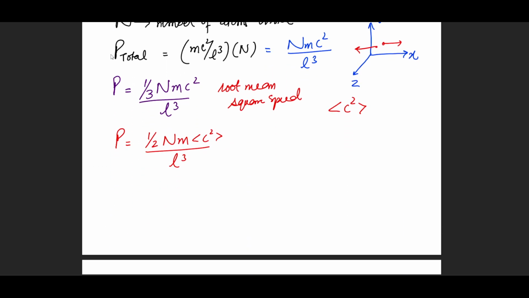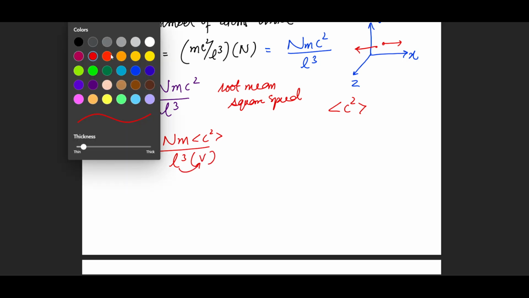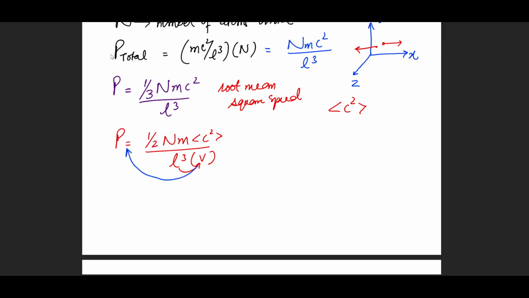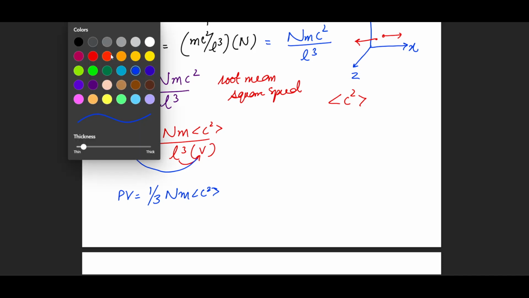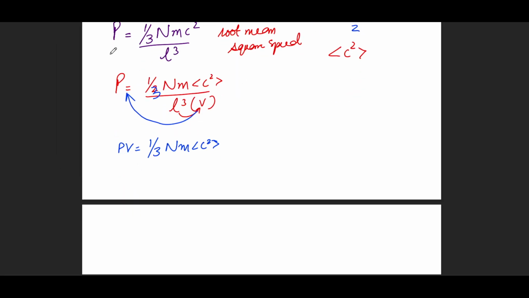So if we replace L cubed with V and take this V over there, we are left with the equation PV equals 1 over 3 nm c squared. And the main understanding of this equation is basically that this left-hand side, PV, is actually a macroscopic idea.